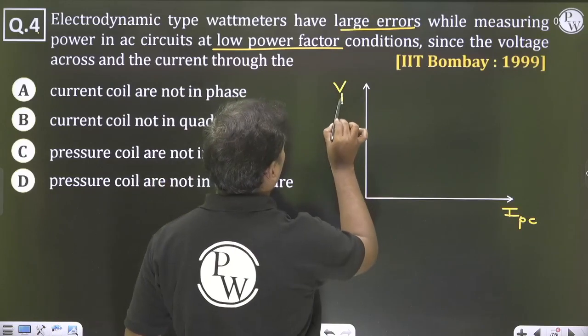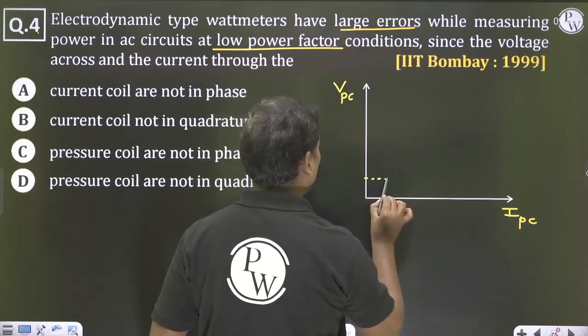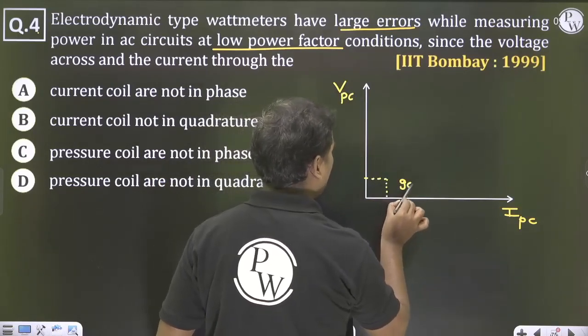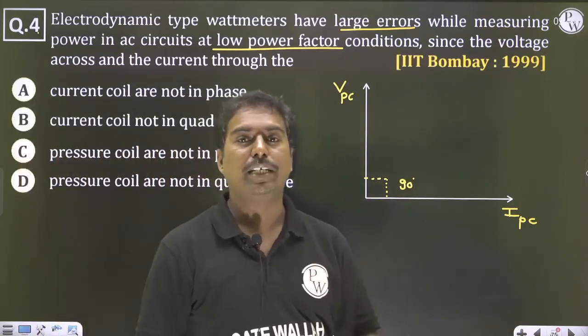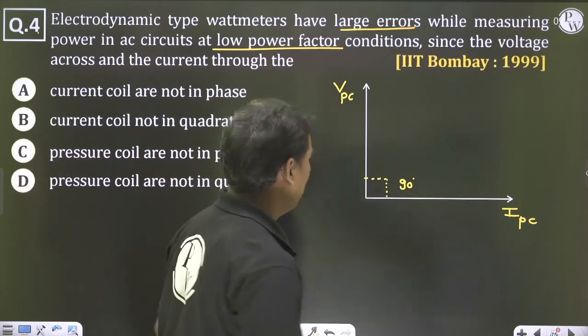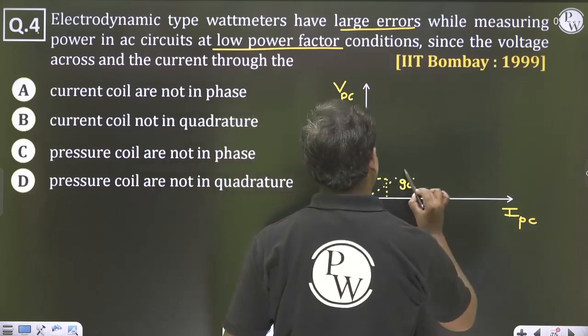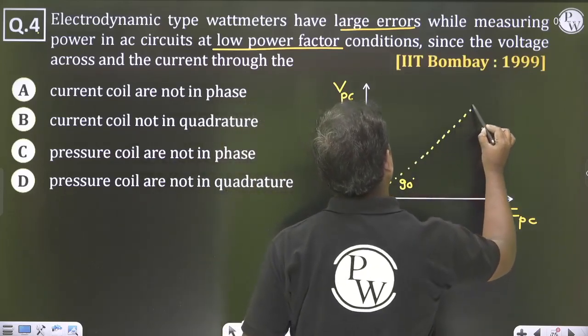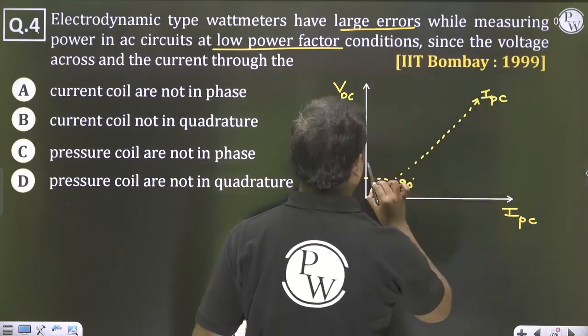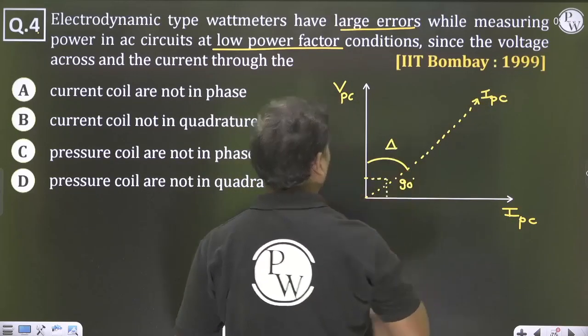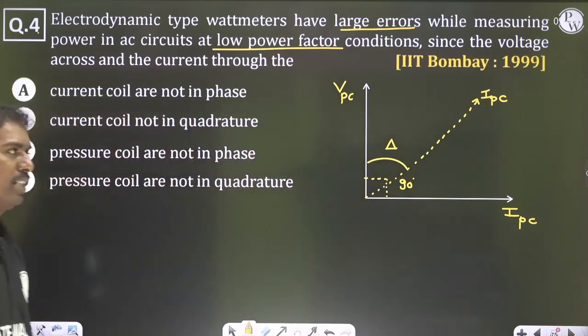The angle between them we expect to be 90 degrees, but that is possible only if the pressure coil is purely inductive. But as I told you, definitely it cannot be. So there exists an error. This angle we have taken as delta.